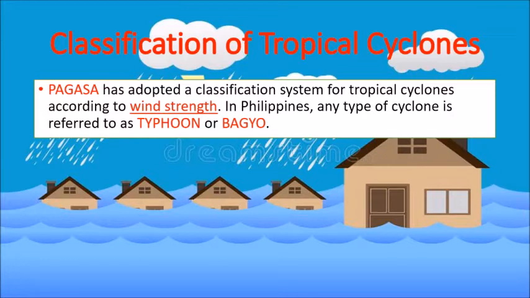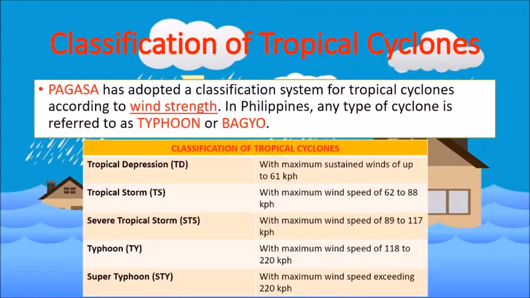Again, wind strength. In the Philippines, any type of cyclone is referred to as typhoon or bagyo. So it is not known as cyclone, but in the Philippines we refer to it as typhoon or bagyo. So there is a classification of typhoon or bagyo or cyclones.